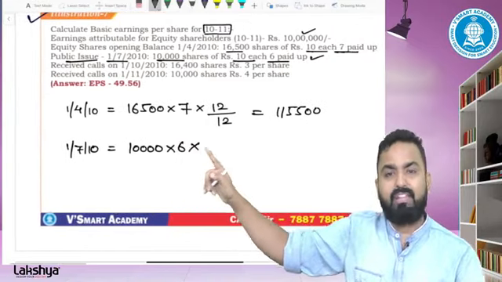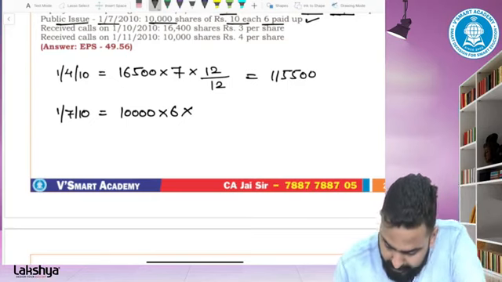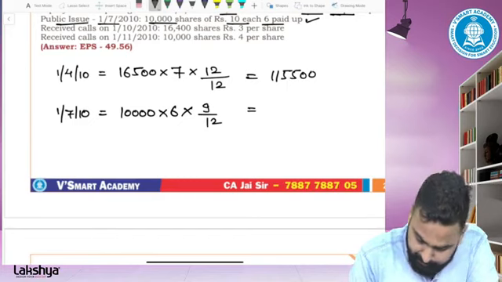So when they were issued, they were partly paid. So what to do? Into 9 by 12.